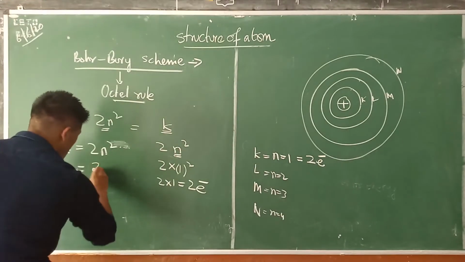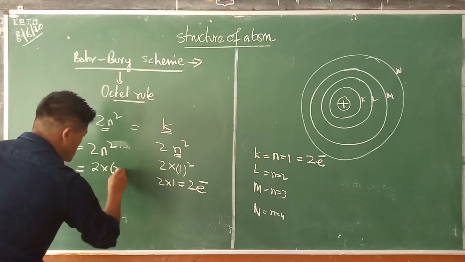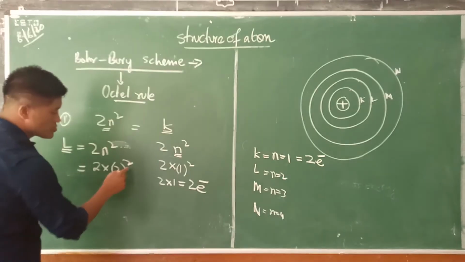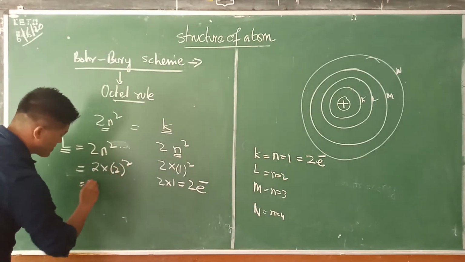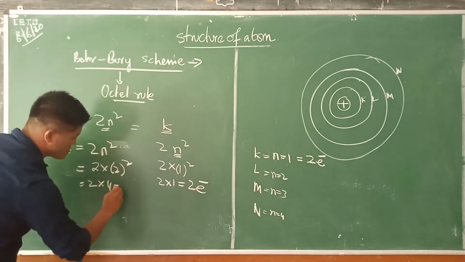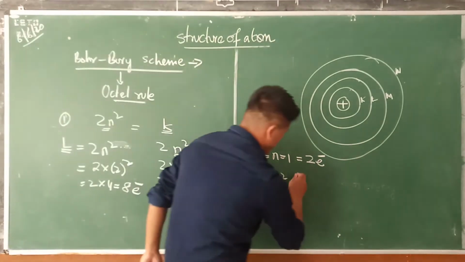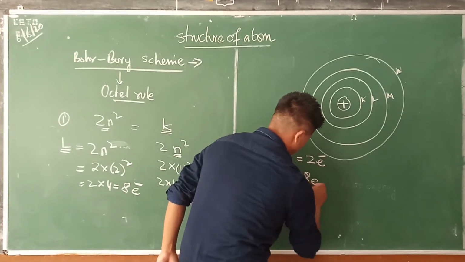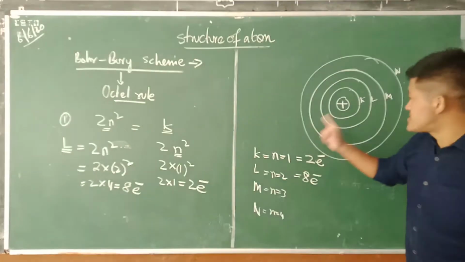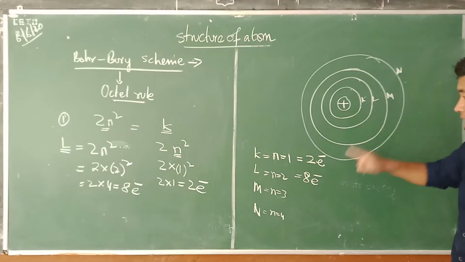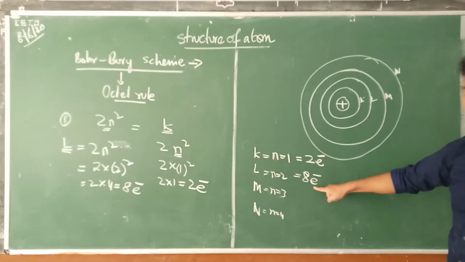That is 2 into 2 squared. 2 squared is 4, which gives 8 electrons. So in the second shell, you can have a maximum of 8 electrons.